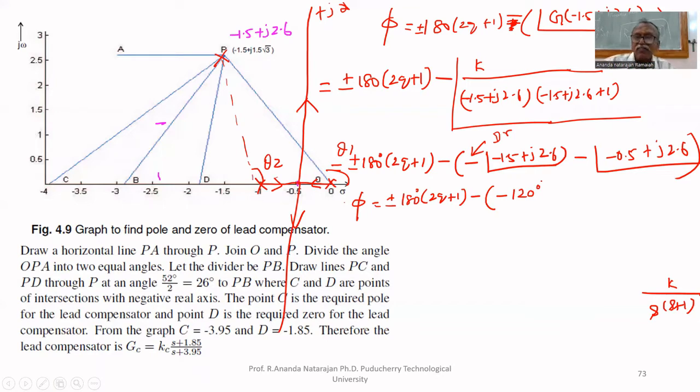So then again, we have to find the angle for this. Again, shift, polar, minus 0.5, comma, 2.6. The length is 2.6. P to that point, the length is 2.6.